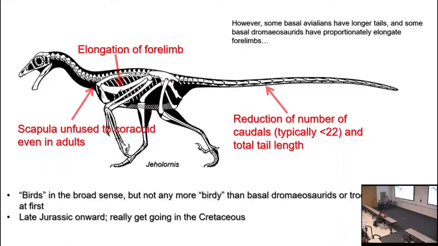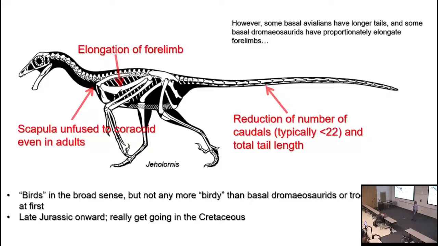A trait that's sort of recently recognized, though, is that in the case of Avialae, that point actually, that's pointing at the furcula. It should be pointing a little further in, down here. The scapula and the coracoid remained unfused even in adults.